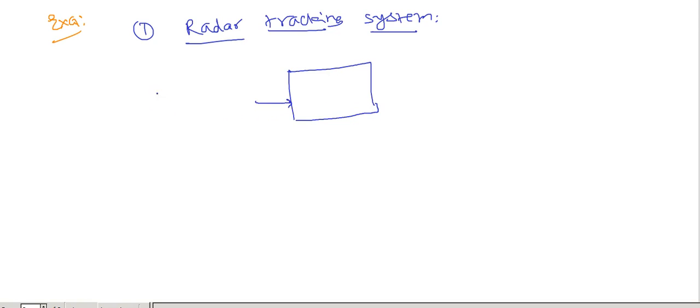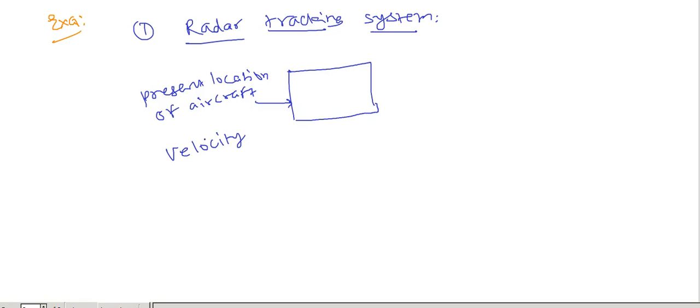A typical input could be the present location of the aircraft plus, say, its velocity.